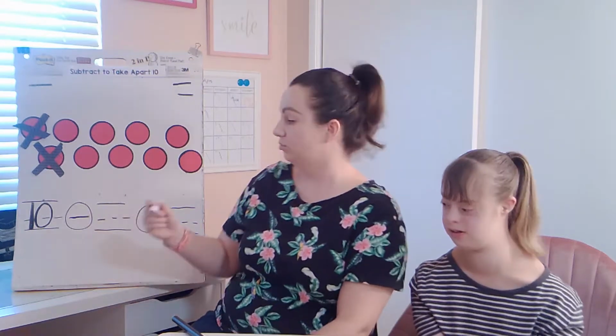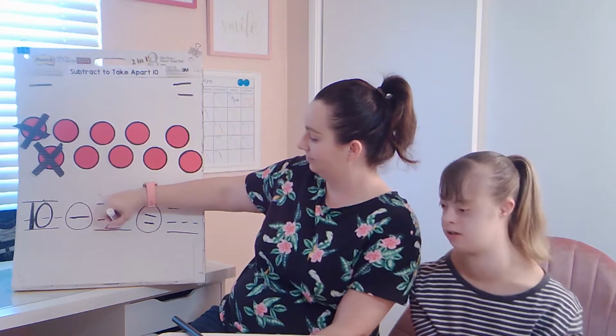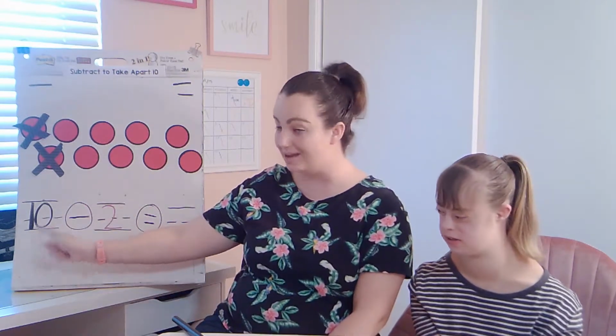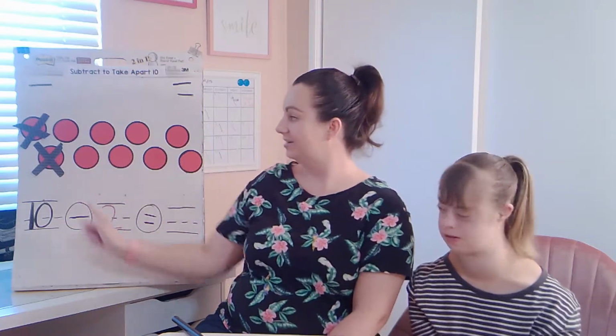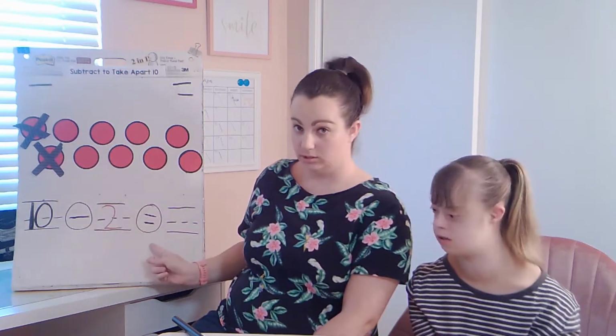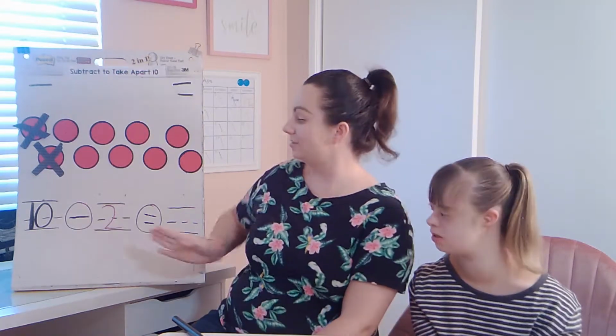Take away 2. So we're going to write that right here. We're going to write 2. Nice. So far we have 10. Take away, bye-bye, to 2 equals, meaning, okay, it's now time to find out what the answer is.